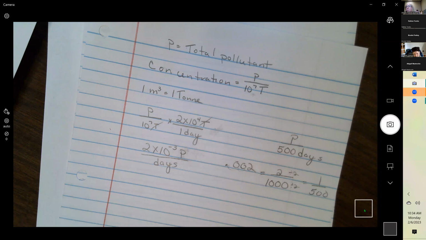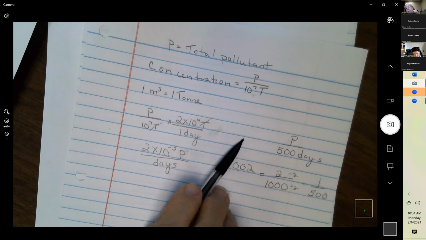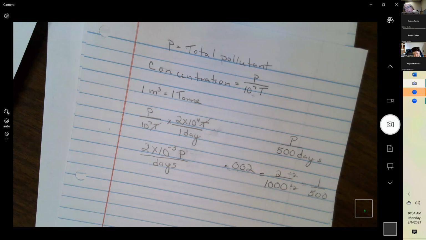So when they dump one time into the lake, it takes 500 days, almost 2 years. And if they keep doing that, then that's going to take even longer to get it cleared out. But if they stop, then it would take approximately 500 days. Any questions on that?